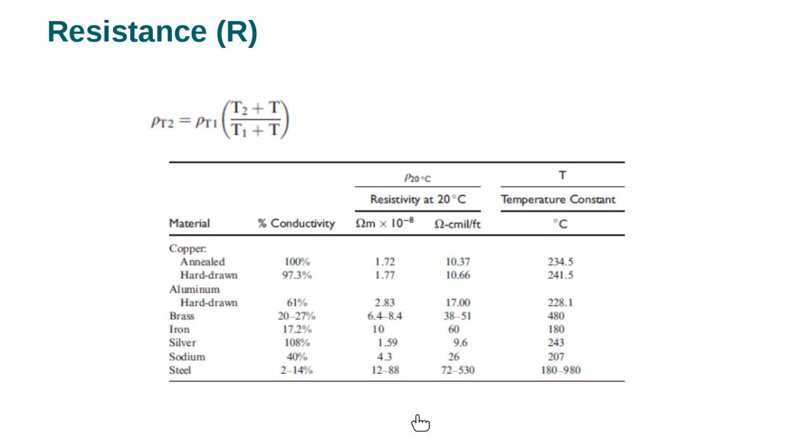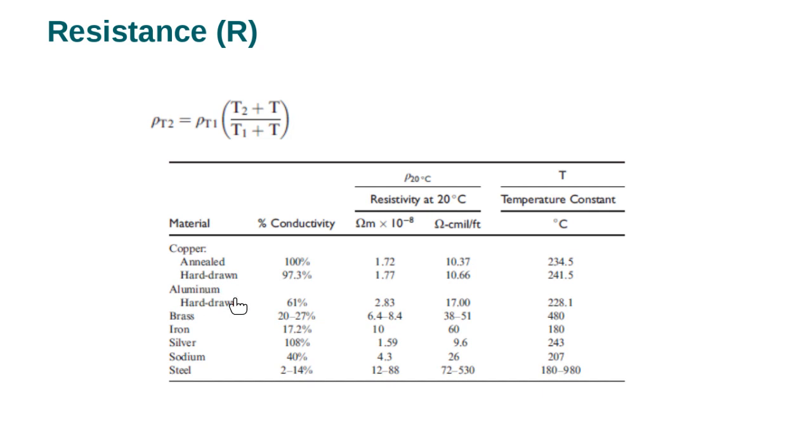Now, we mentioned conductivity. The reference of the conductivity is copper. Copper, we say, is 100%. What's the one which is higher than copper? It is silver, not gold. Gold comes between silver and copper.